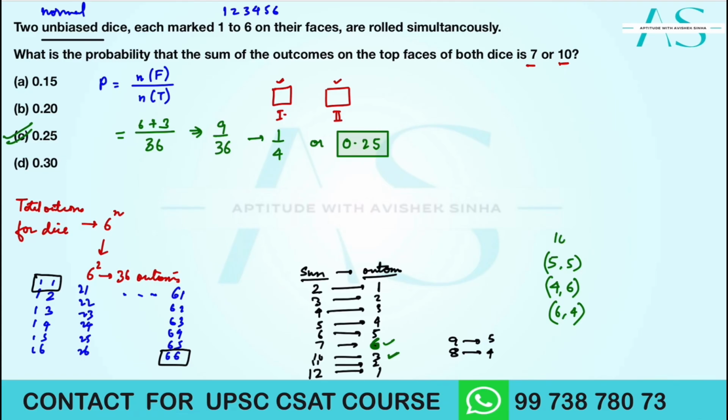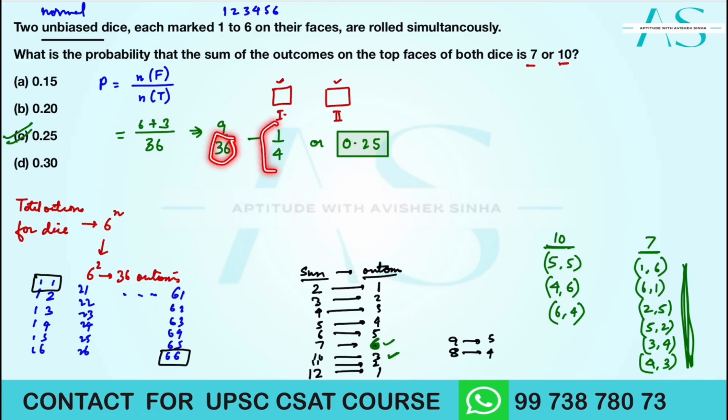No. Similarly 7 के लिए I can have 1,6, 6,1, 2,5, 5,2, then 3,4 and 4,3. So a total of 6 times. So 6 and 3 we get 9 favorable outcomes. Total outcome is 36, 1 by 4 or 0.25. This is how we solve problems on probability.